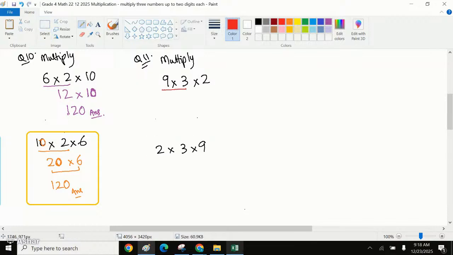So 9 times 3 is 27, multiplied by 2. That means our answer is 54. But if we change the sequence, 2 multiplied by 3 was 6, multiplied by 9 would still come out to be 54. And that is our answer.